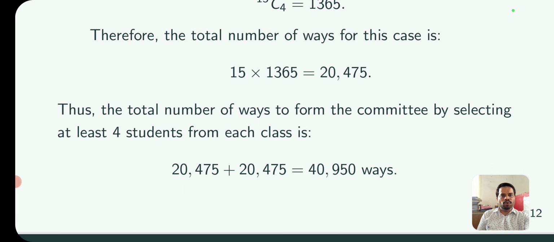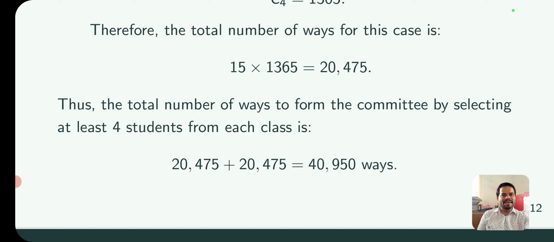Thus, the total number of ways to form the committee by selecting at least 4 students from each class is 40,950 ways to select 5 students from the UG and PG classes.